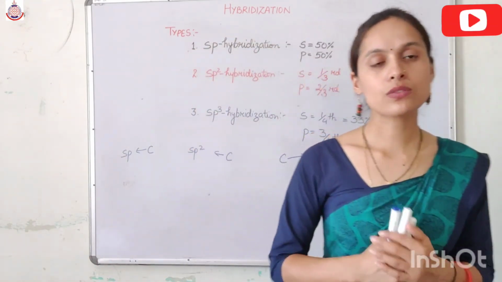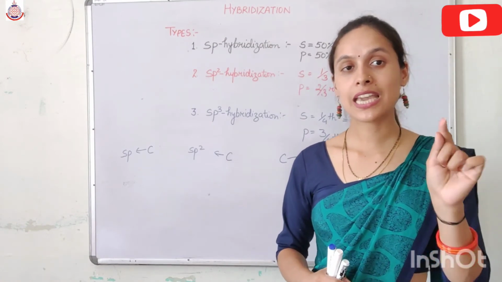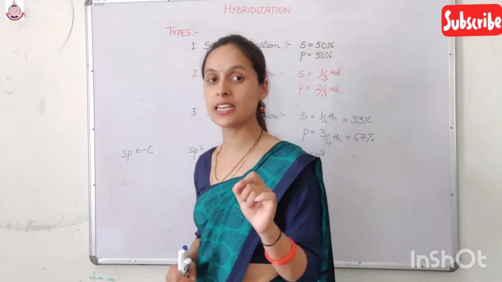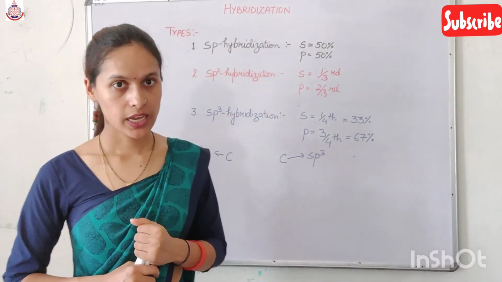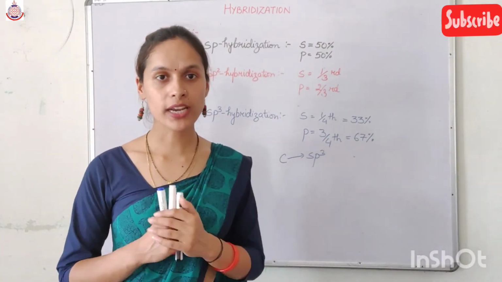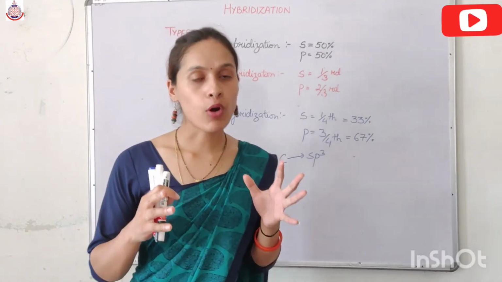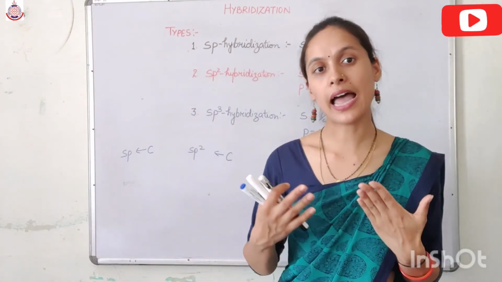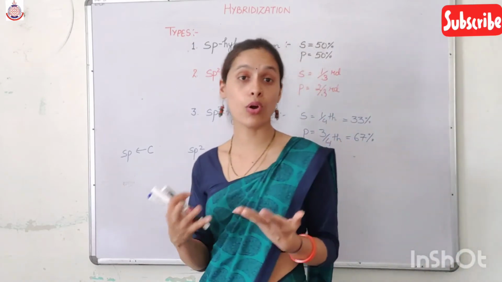Similarly, in our previous videos we talked about the characteristics of a bond, in which we studied bond energy. And in bond energy we also studied that there is a factor, hybridization, which affects the bond energy.